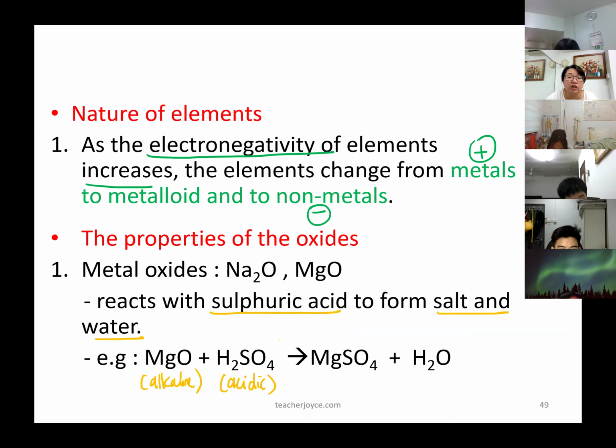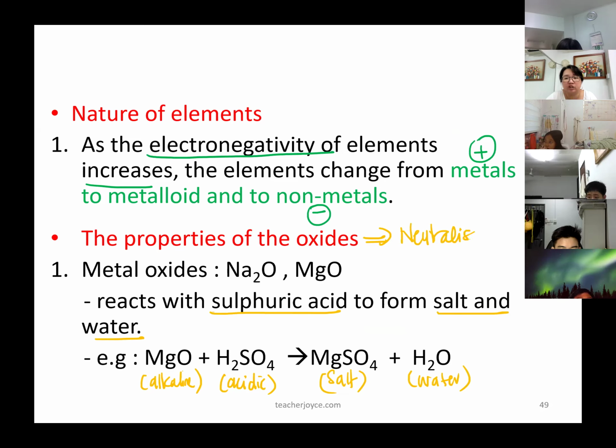Otherwise, how to neutralize and get salt and water? So again, the properties of oxide is based on the process called neutralization. Understand? So if A is oxide, I tell you already, oxide is alkali. Okay, this is alkali one.